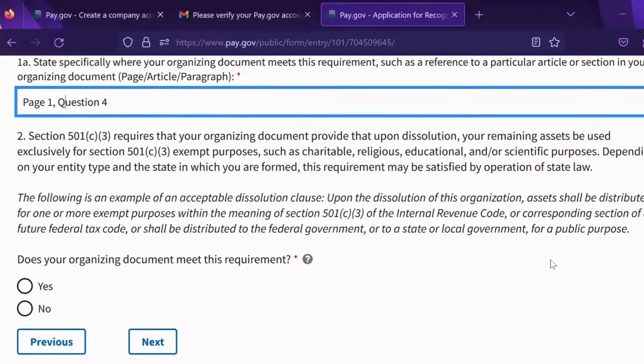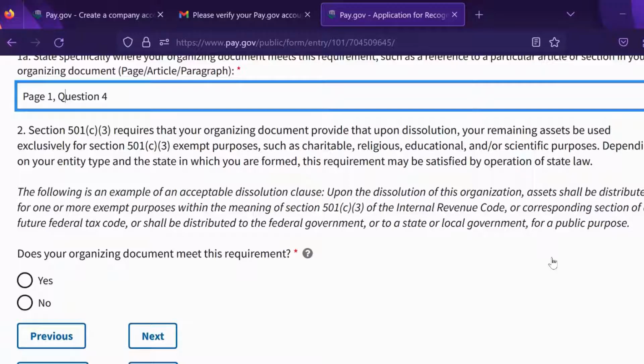The following is an example of an acceptable dissolution clause: Upon the dissolution of this organization, assets shall be distributed for one or more exempt purposes within the meaning of Section 501(c)(3) of the Internal Revenue Code or corresponding section of any future federal tax code, or shall be distributed to the federal government or to a state or local government for a public purpose.